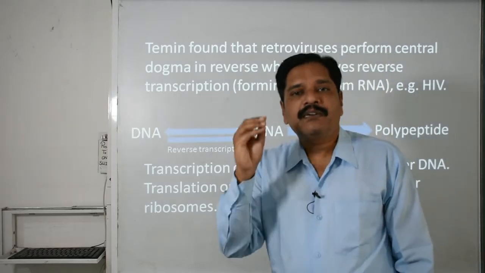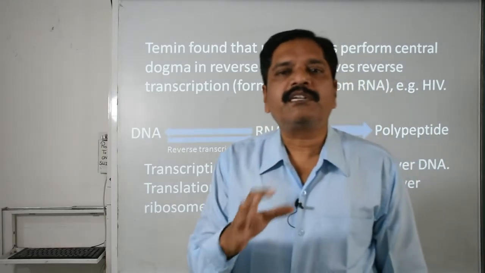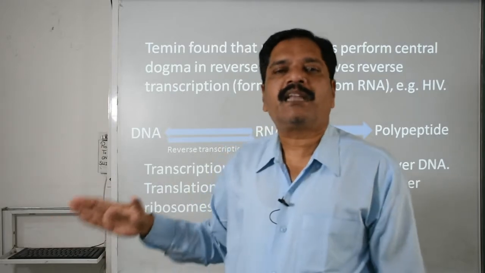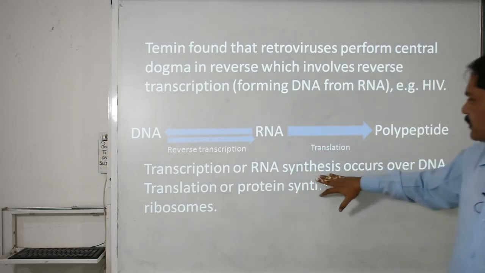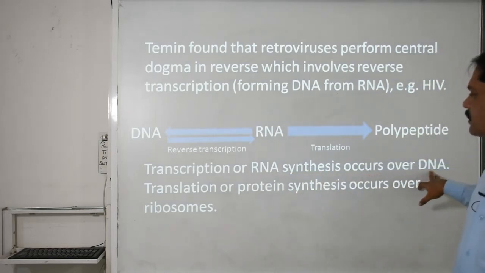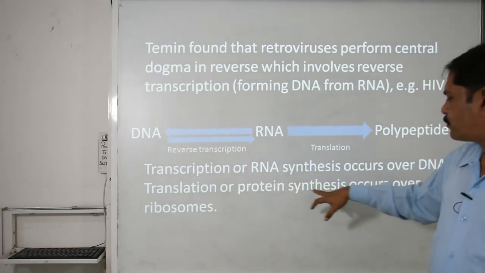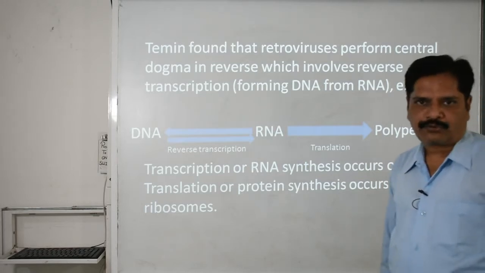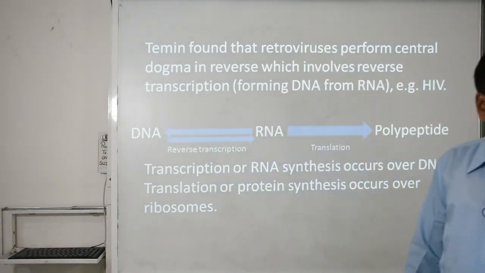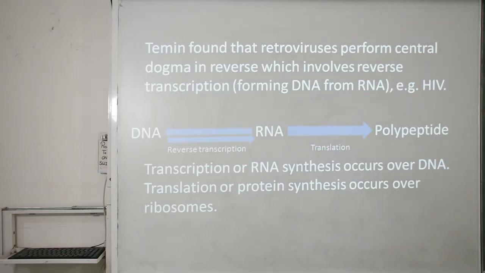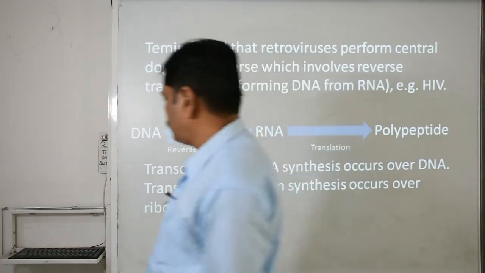Specific triplets of nitrogenous bases, when arranged in a series, are considered like this, okay. So transcription, the RNA synthesis, occurs over DNA, and translation, the protein synthesis, occurs over ribosomes, okay. So remember, there is a difference between the DNA and the ribosomal RNA there, okay. We can learn this feature from this.